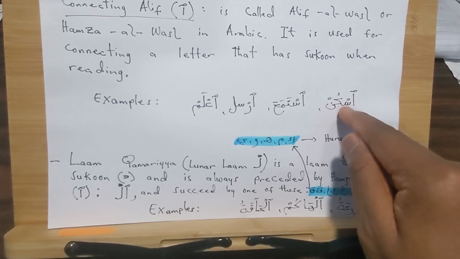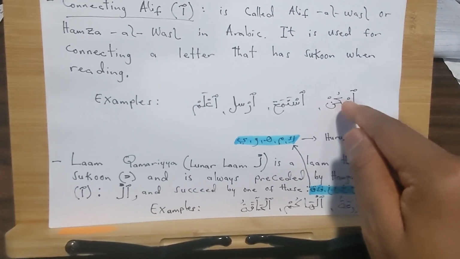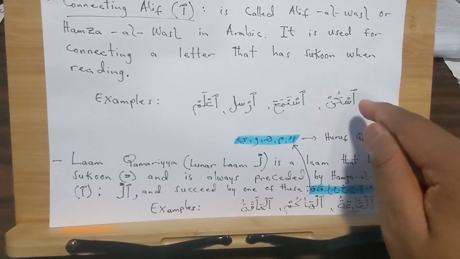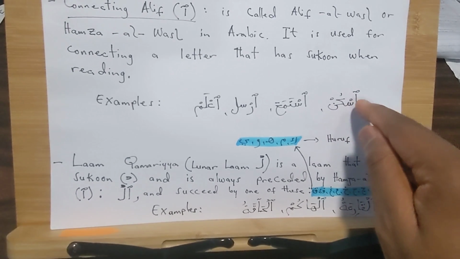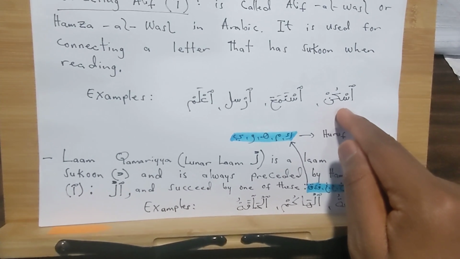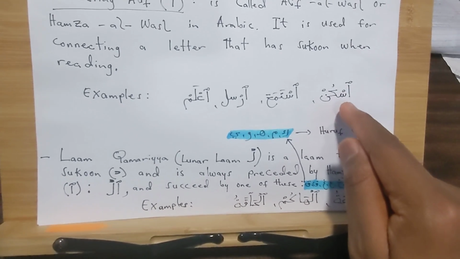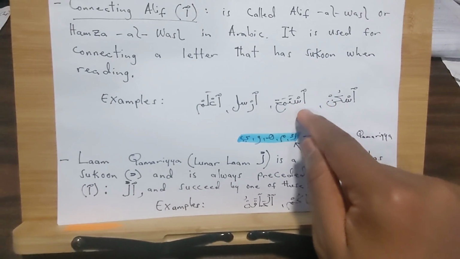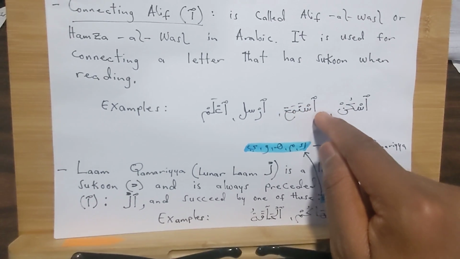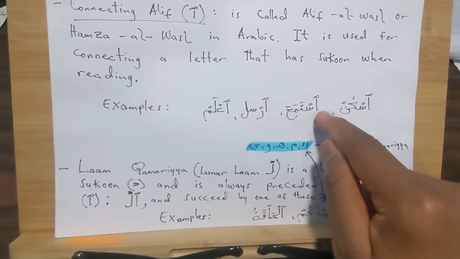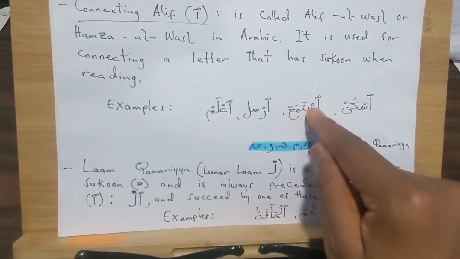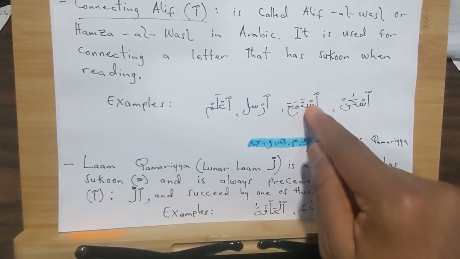You need something to connect the sin in order to move on. That is where the Hamzatul Wasl plays in. And here is istama'a. You see the Hamzatul Wasl playing in to connect this sin that has a sukoon.